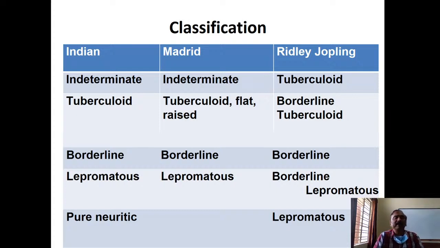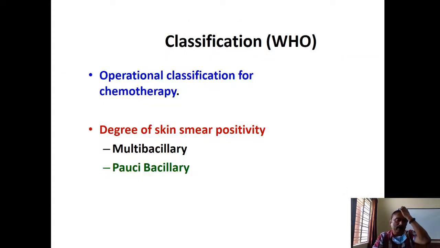These are all similar to the Madrid classification, but we have added a pure neuritic type. Otherwise, we can keep on classifying like that, but what we require is classification from the treatment point of view. For treatment, we classify as either multibacillary or paucibacillary, and we can do that from skin smear positivity.